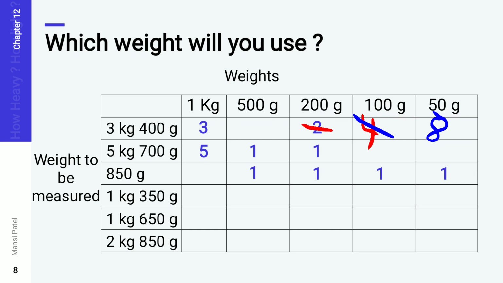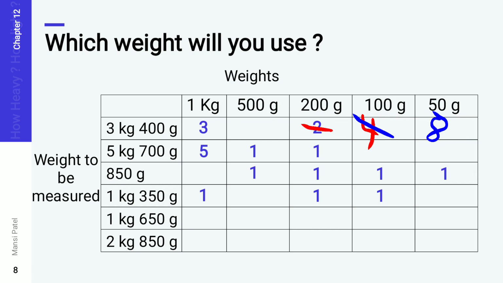Now your next one is 1 kilogram and 350 gram. For the 1 kilogram, you use 1 unit of 1 kilogram. Now how do you make 350 gram? In this you cannot see a unit for 300, but if we want to make the 300, then we use 1 unit of 200 and 1 unit of 100. So 200 plus 100 becomes 300.